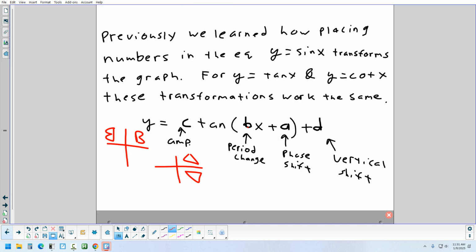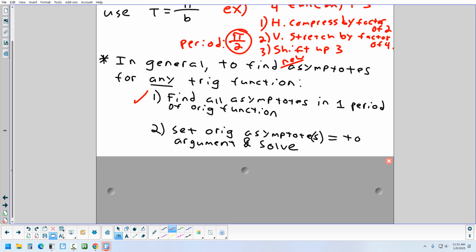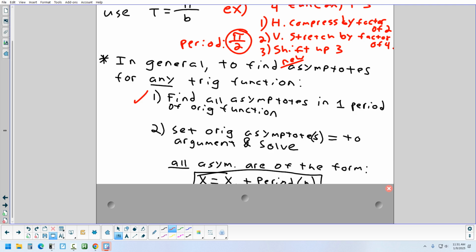So if you're looking at this, that is the argument. In other words, C and D have nothing to do with asymptotes. C and D have no effect on asymptotes, just the A and the B. So set the number from the table, the original asymptote, equal to the argument, and solve.